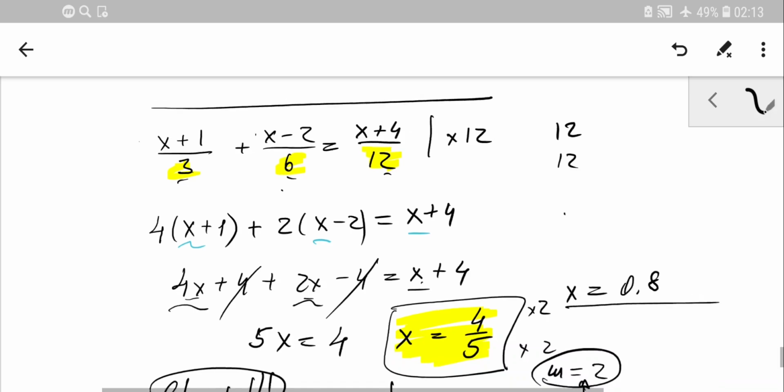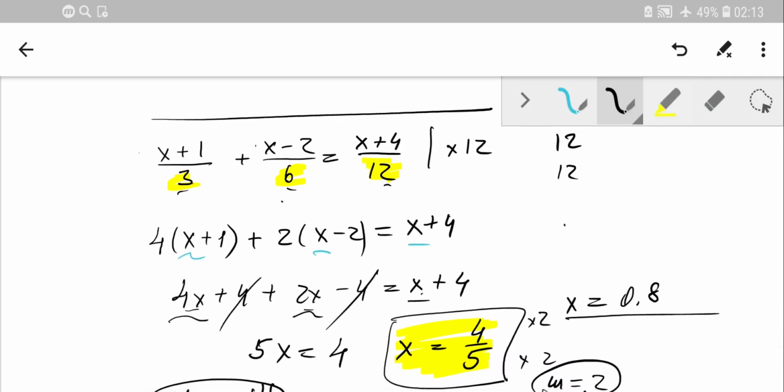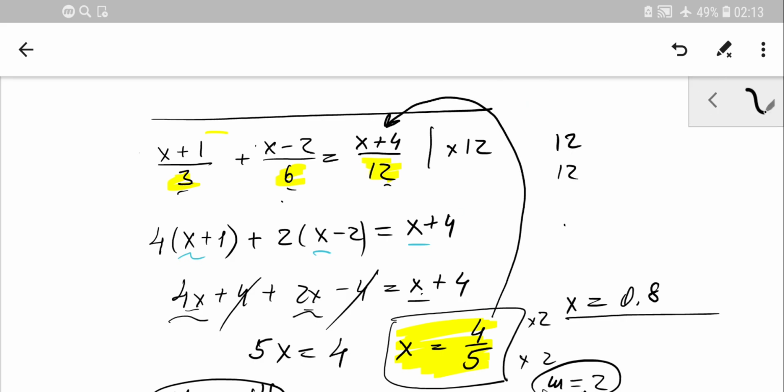And you need to use the very initial equation. You don't need to use, for example, the simplified one. No, it doesn't work, because you might have made a mistake, for example, on the second step. So only use what you were given in the very beginning, the original equation. How can you check yourself?